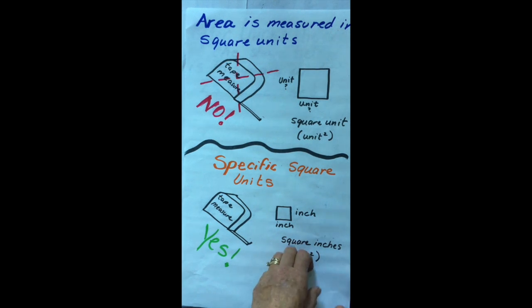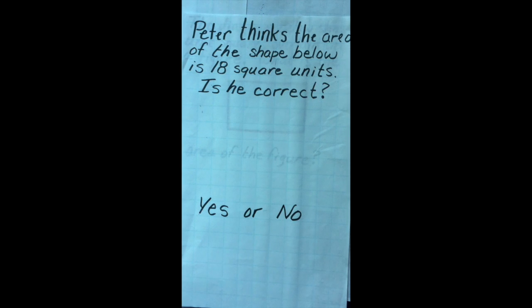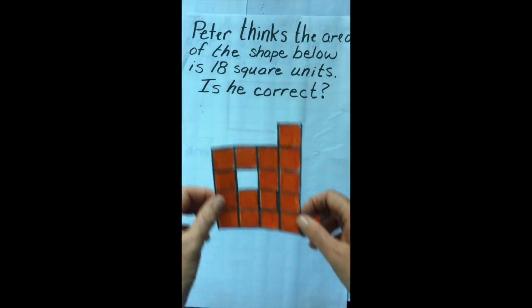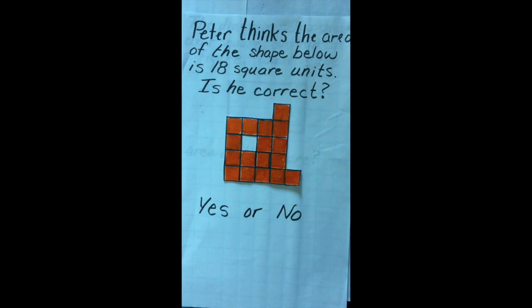Okay, let's go to the next slide. All right, let's take this. Peter thinks the area of the shape below is 18 square units. So this is the shape, so I'll put it here. Is he correct?